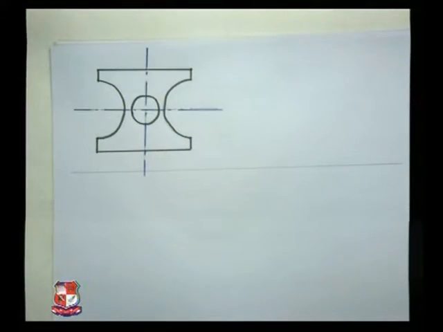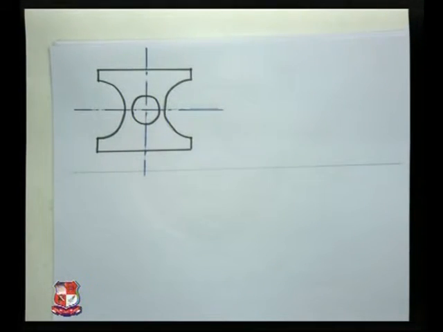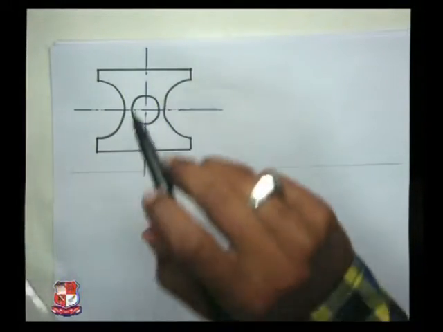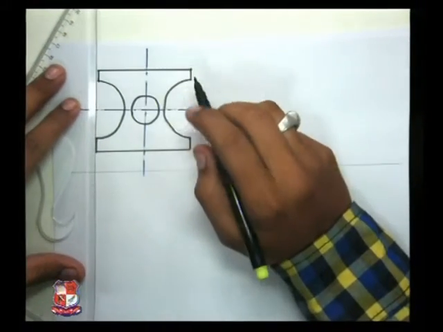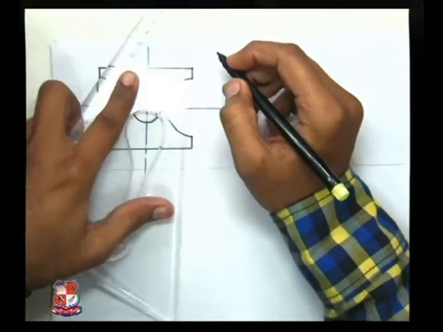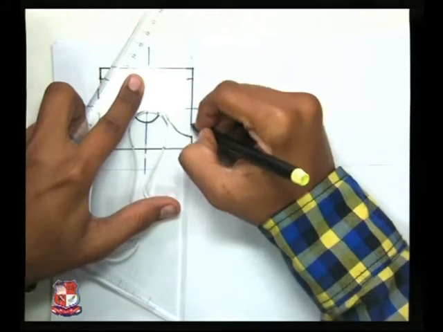Now if you look at the problem, you will see that this problem has a slot behind as well. So this line would be full, joined with each other.